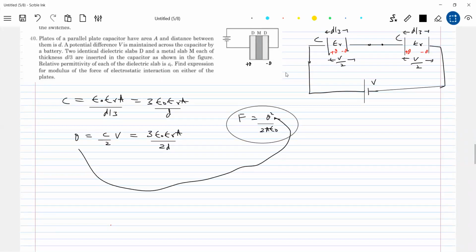Or Q equal to C V by 2. Okay, you are getting confused. Let me put here. Either replace two capacitors by C by 2 into V, or C into V by 2, either of one. In the diagram I have shown V by 2. Okay, I'll make it C V by 2. Fine.